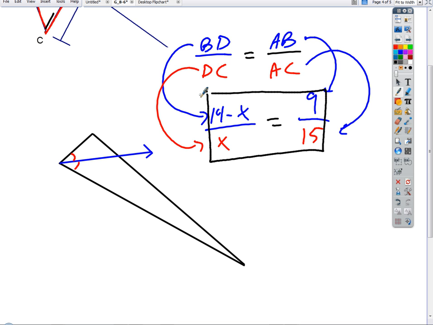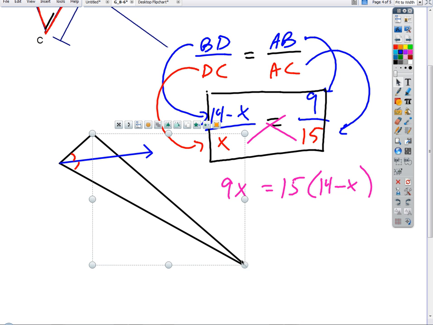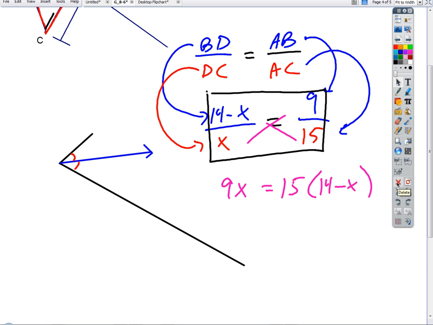Cross multiply. So if I cross multiply, that cross is going to give me 9x. What about this cross right there? I'm going to have to multiply 15 times the whole quantity, 14 minus x. Now that's starting to look a lot like some algebra we know how to do.